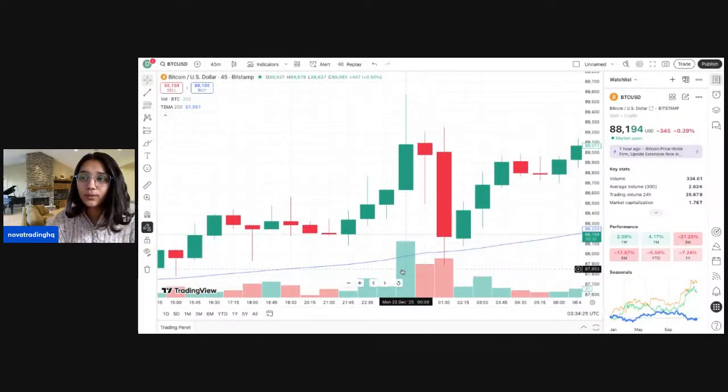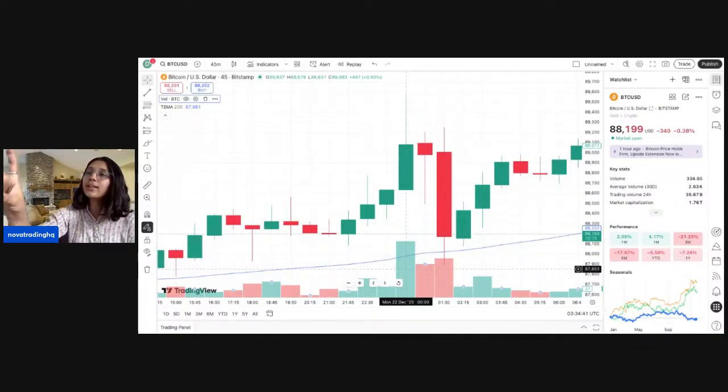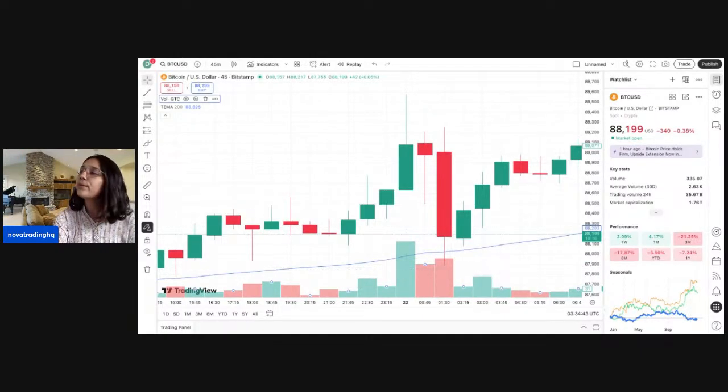As you can see here, that's the 22nd, 12 a.m. UTC. So this candle itself represents the behavior of Bitcoin from 12 a.m. to 12:45 a.m. UTC. So this single candle represents the behavior of our Bitcoin over 45 minutes. Lovely.